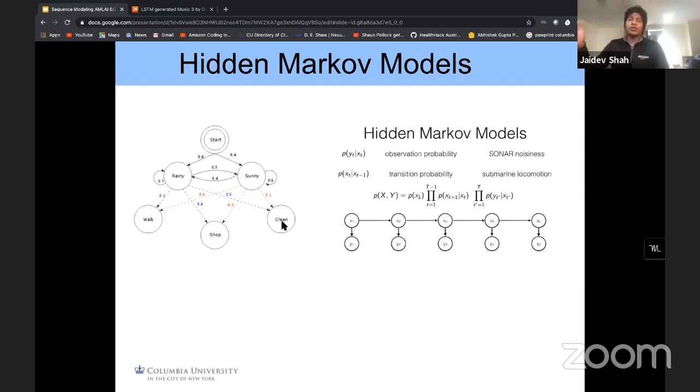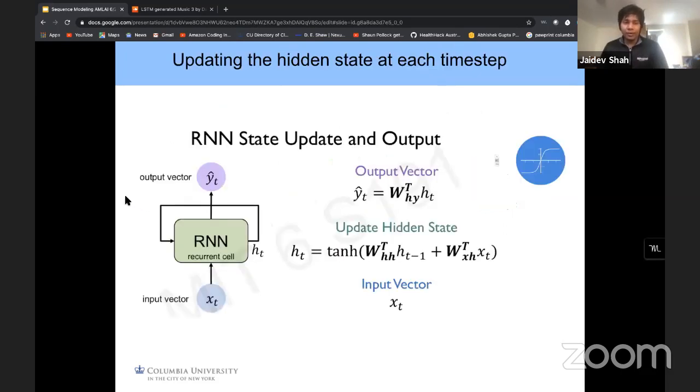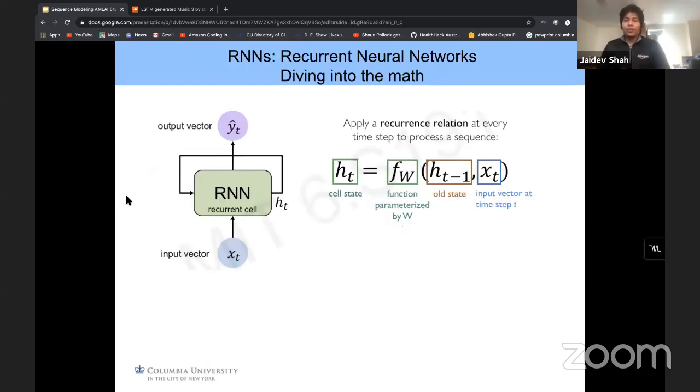So that will be something around 0.00 something. That's the probability of that sequence. This is one of the initial sequence models that came up, and a lot of what came after this is based off of this hidden Markov model.